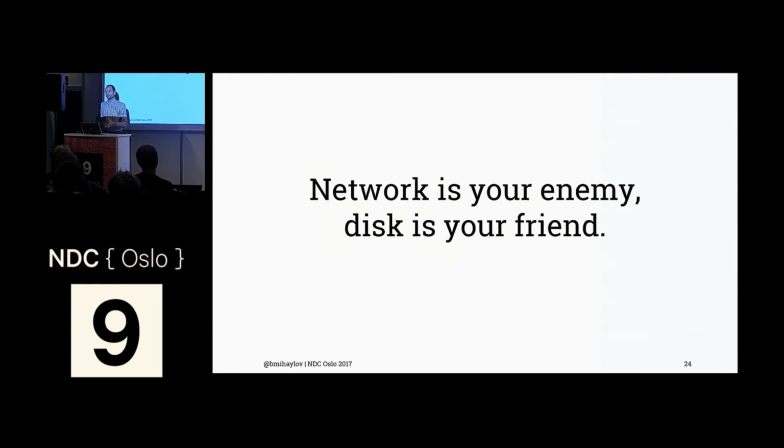Network is our enemy because it is unstable and could be unavailable. Disk is our friend. So it means that everything on this device can be stored there. And if you're doing native mobile applications, this is quite easy because you have access to these things.